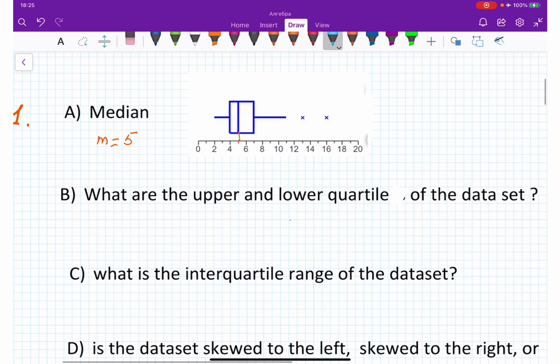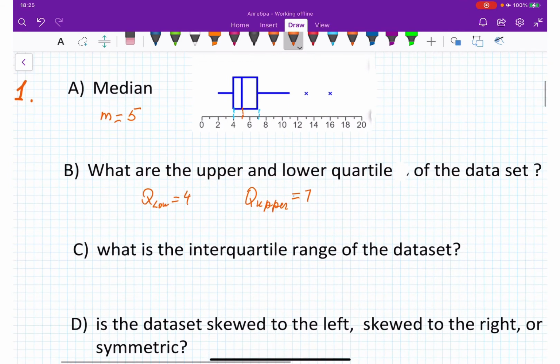It's going to be right this one. Where we have the upper quartile, it's going to be right this one. So we have the lower quartile, which is going to be equal to 4, and the upper, it's going to be equal to 7. Yes? All right.